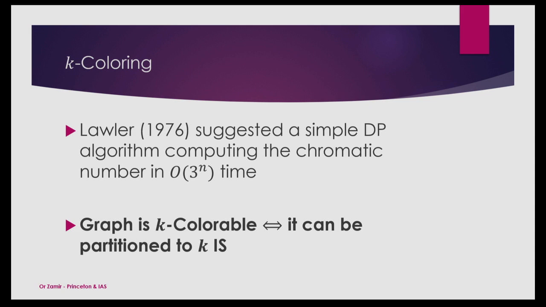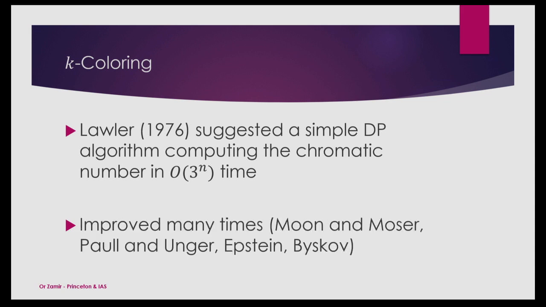A graph is k-colorable if and only if we can partition the vertex set into k independent sets. Because in a proper coloring, every color class is an independent set. It doesn't contain any edge. But also every independent set can be colored with the same color, because again, it doesn't contain any edge within it.